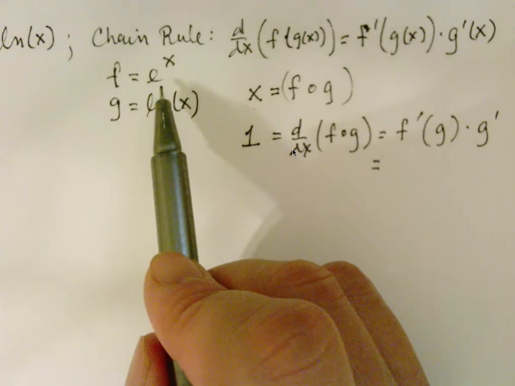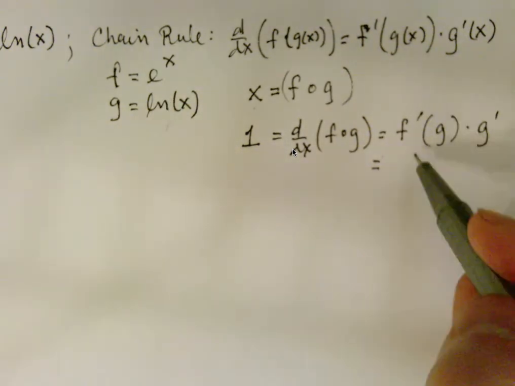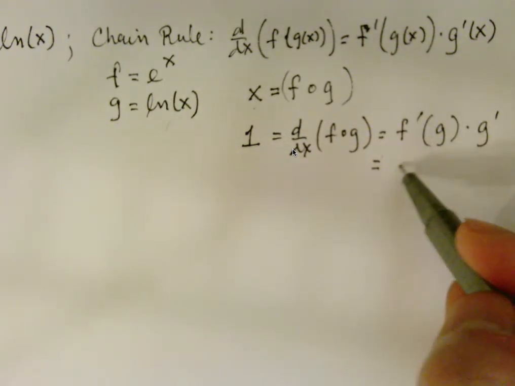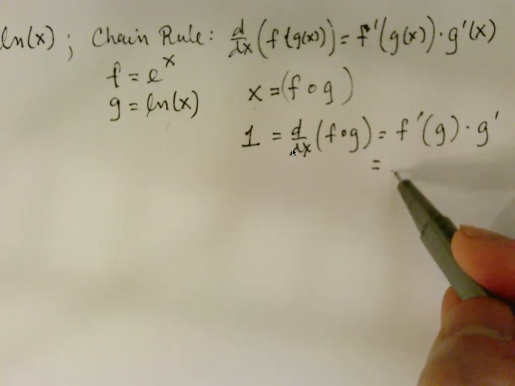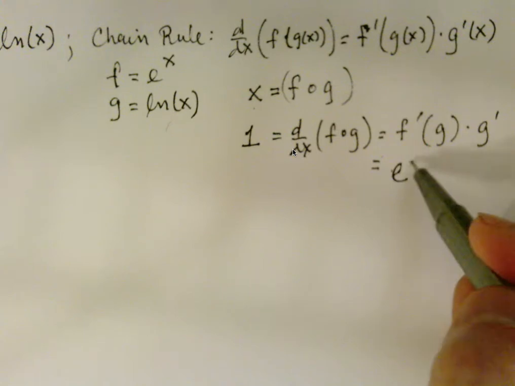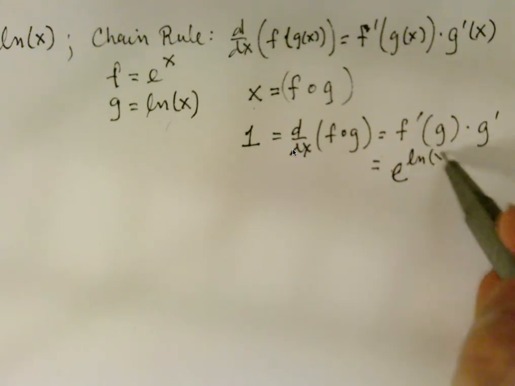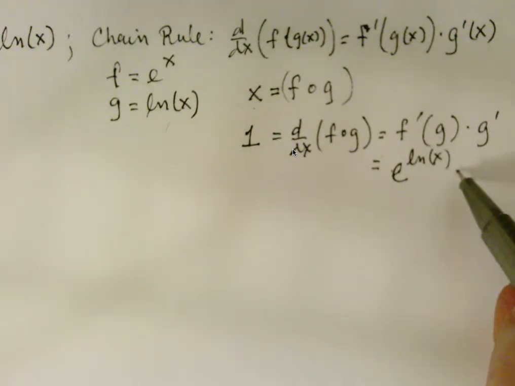Now if f is e to the x, we know its derivative is just itself, right? But we're evaluating it at g, so it's e to the ln x, that's this part, times the derivative of natural log, which is what g prime is.